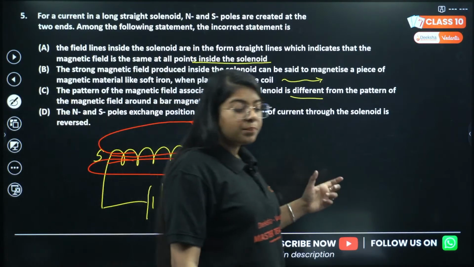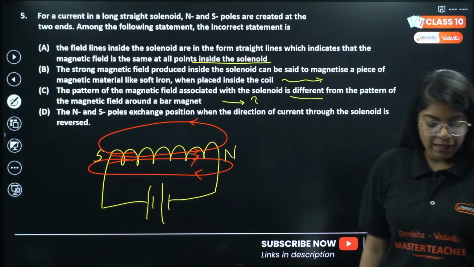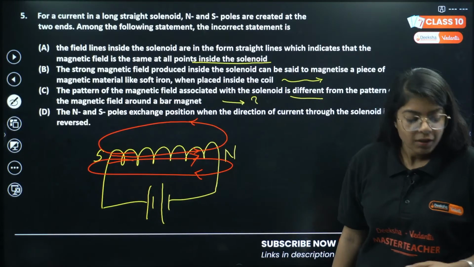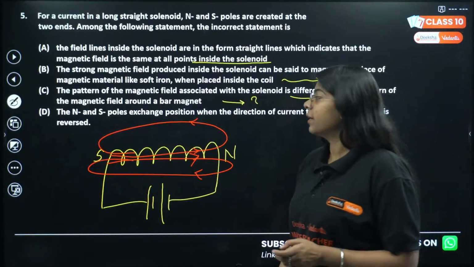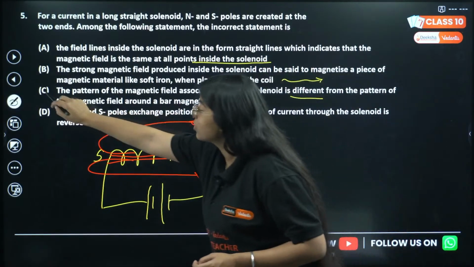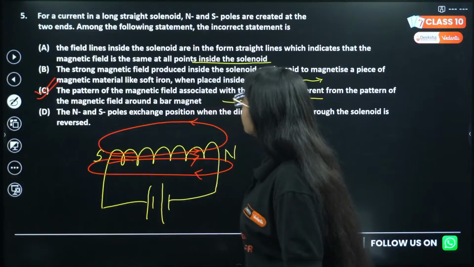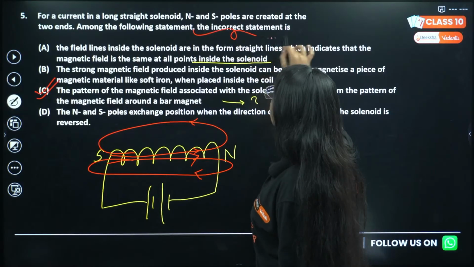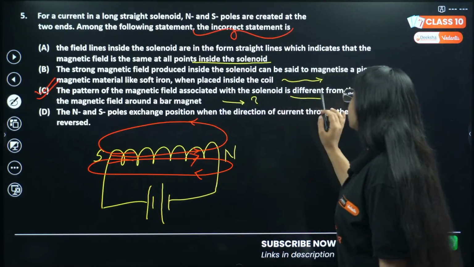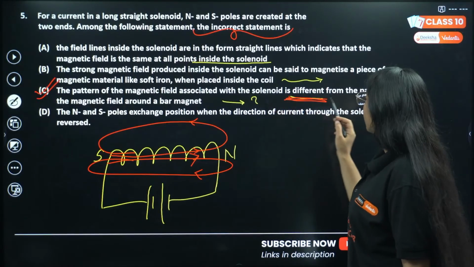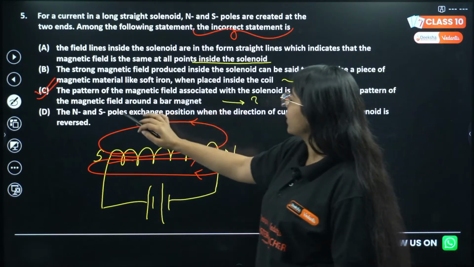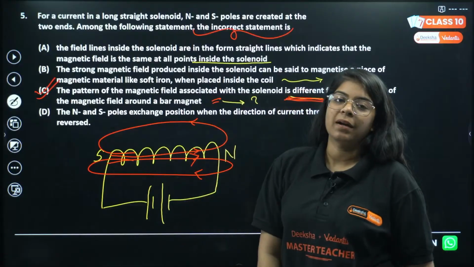This resembles the magnetic field lines due to a bar magnet. So this one actually is the correct answer, because they have asked us the incorrect statement, and they have said the solenoid pattern is different from the pattern of magnetic field around the bar magnet.